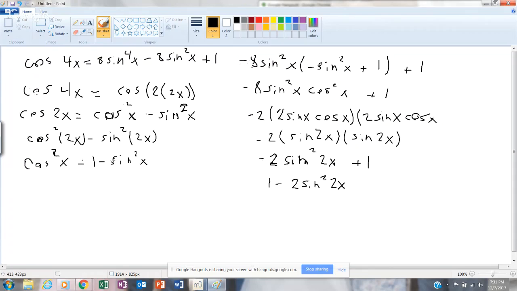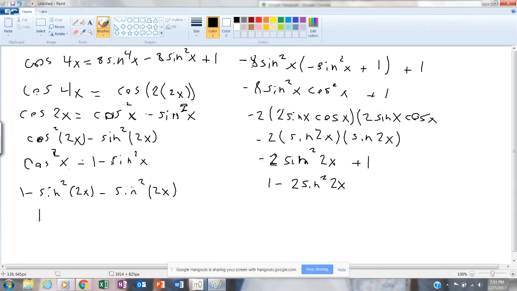So we can rewrite it as 1 minus sine squared of 2x, because we got 2x, not x. And then we'll jump back up here, minus sine squared of 2x.